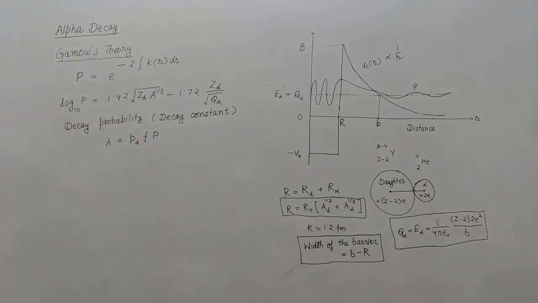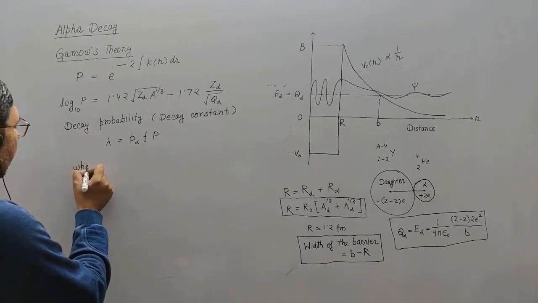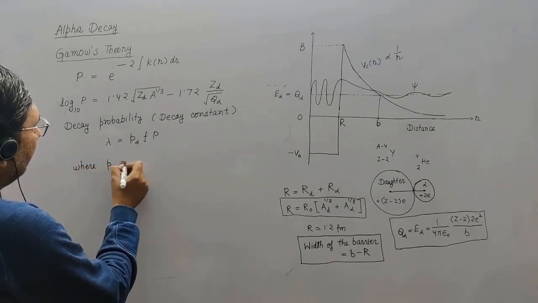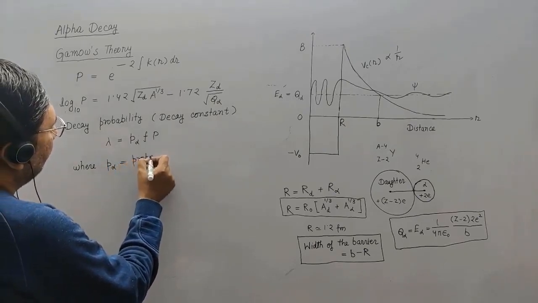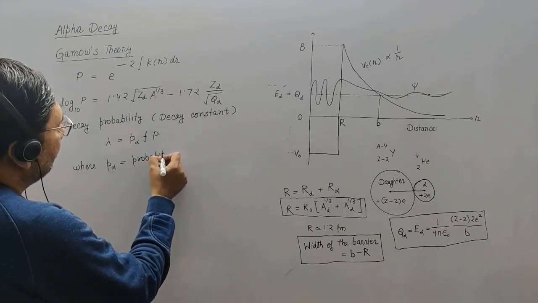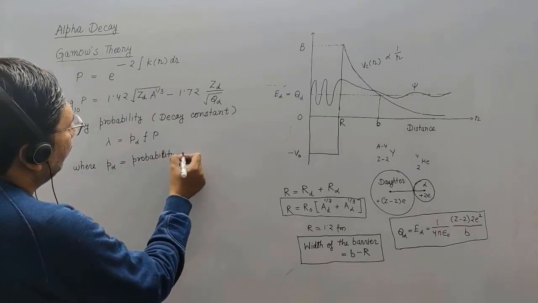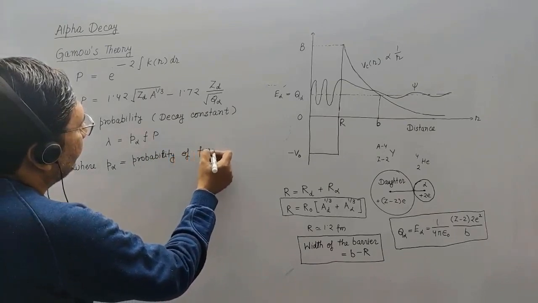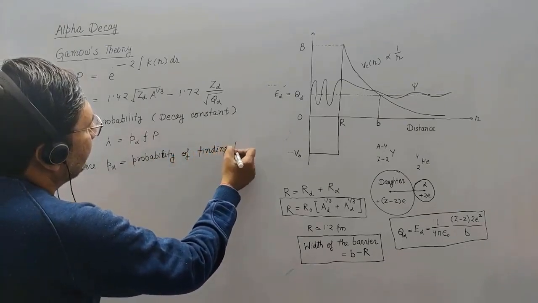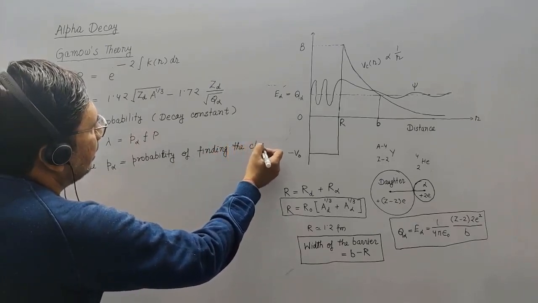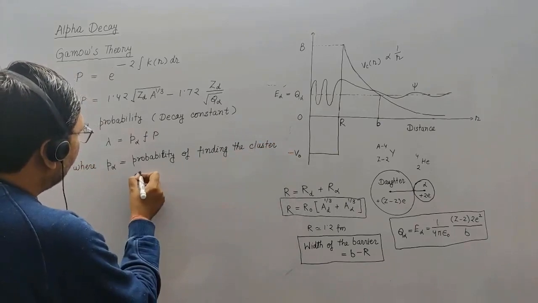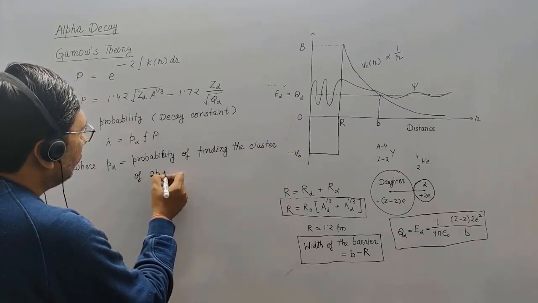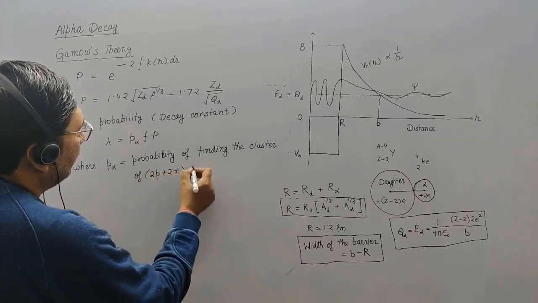Here, the first term P alpha is the probability of finding an alpha cluster inside a nuclei, where P alpha is the probability of finding the cluster of 2 protons plus 2 neutrons inside the nuclei.